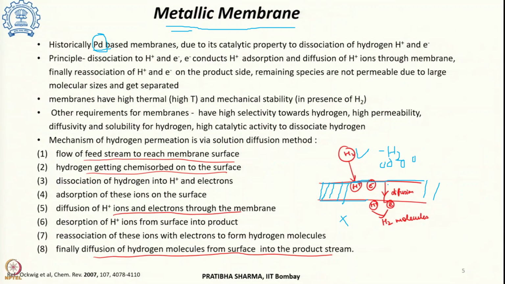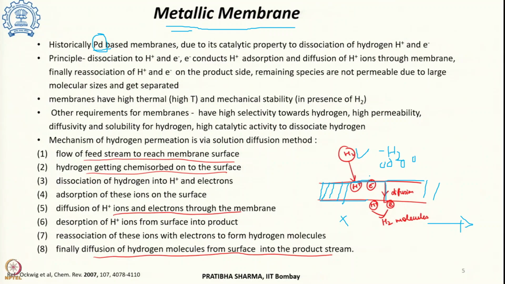That's why it will diffuse through the metallic membrane, H plus will come and the electron will also diffuse. Then this H plus and electron will recombine together and form hydrogen, and here you can get or separate the pure hydrogen. This is the working principle.